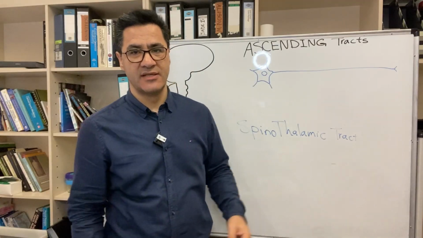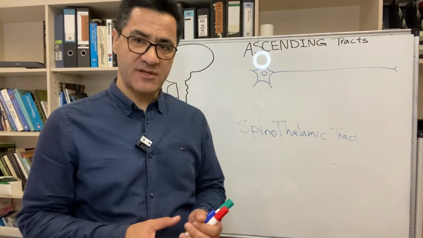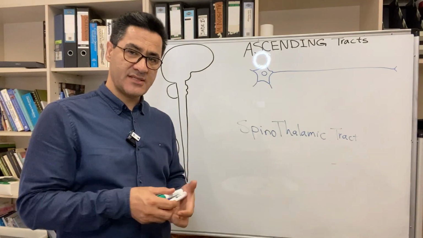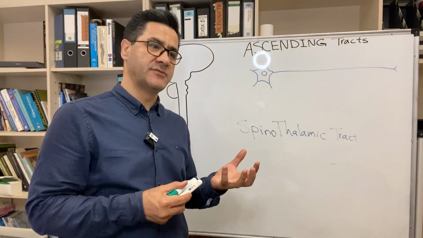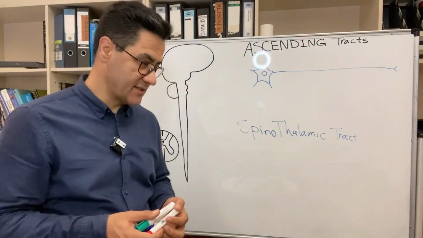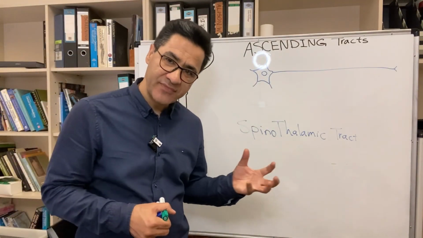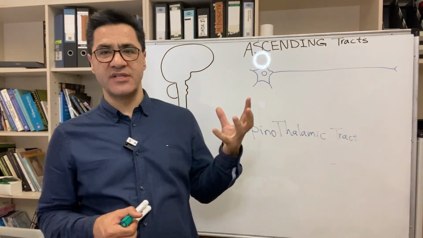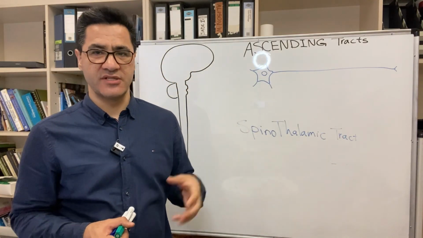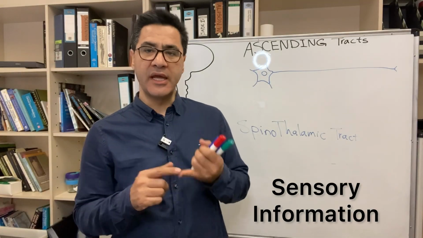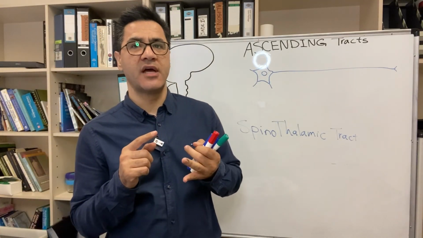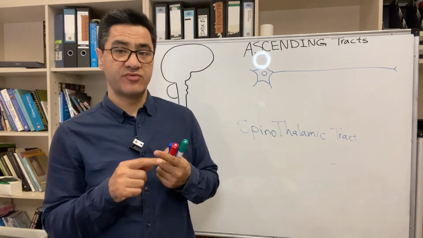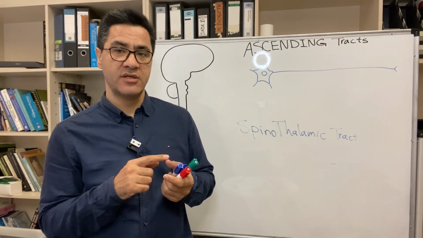Spinothalamic tract. As you know, we have some receptors in our skin, our muscles, and the tendons of the muscles. Those specific receptors receive different sensory information. We have pain, temperature, proprioception, pressure, and vibration.